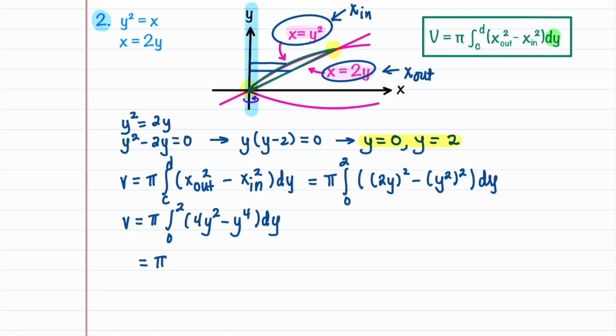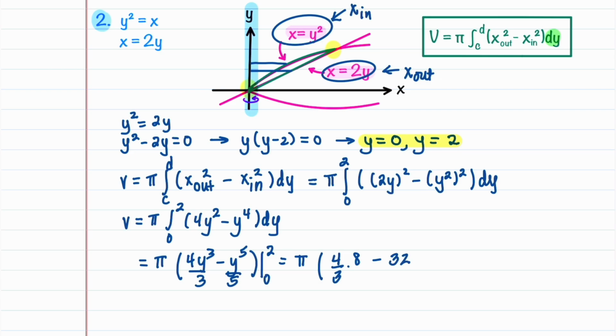This now, if we integrate it, is 4y cubed over 3 minus y to the fifth over 5 from 0 to 2. This gives us pi times 4/3. 2 cubed is 8, so we multiply that by 8, and then minus 2 to the fifth, that is 32, and we divide that by 5, and then we subtract off 0.